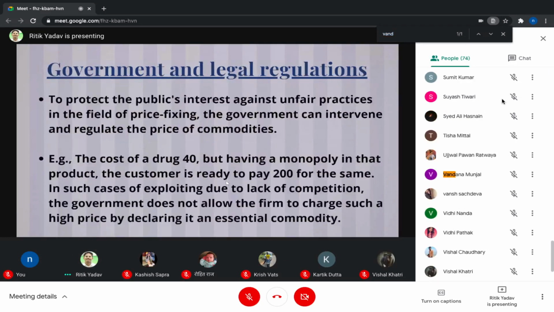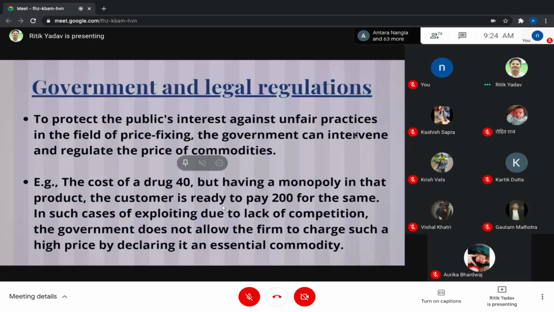Now, we have another factor, that is government and legal regulations. In order to protect the interest of public against unfair practices in the field of price fixing, government can intervene and regulate the price of commodities. The government can declare a product as an essential product and regulate its price.